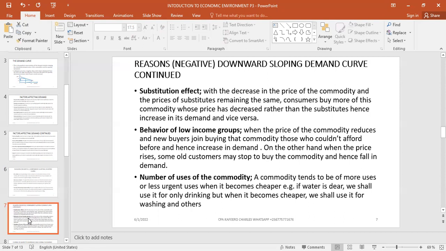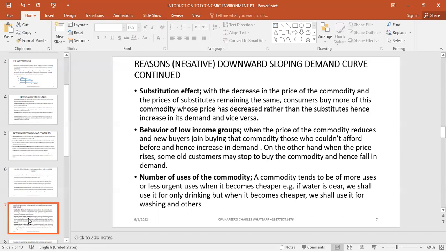Let's say the main product was Coca-Cola, and you go to the market to buy, and you find the price of Coca-Cola is reducing, but that of its substitute, Pepsi-Cola, has remained constant. We expect that the person will buy more of Coca-Cola than Pepsi-Cola, because Coca-Cola now has a lower price. The person will be paying less money.